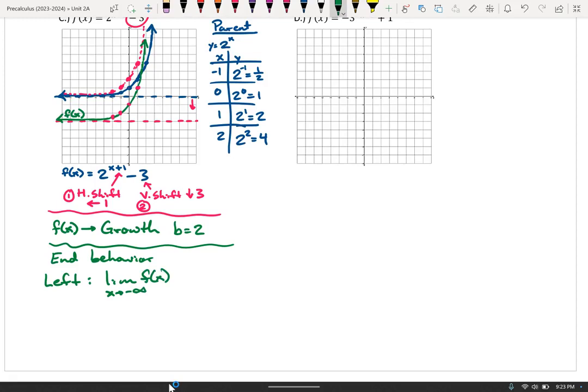So looking at my f of x function as I go to negative infinity, what value am I approaching? Well, definitely that horizontal asymptote of -3. And on the right, the limit as x approaches positive infinity, well, that's shooting off to infinity, so that's equal to infinity.